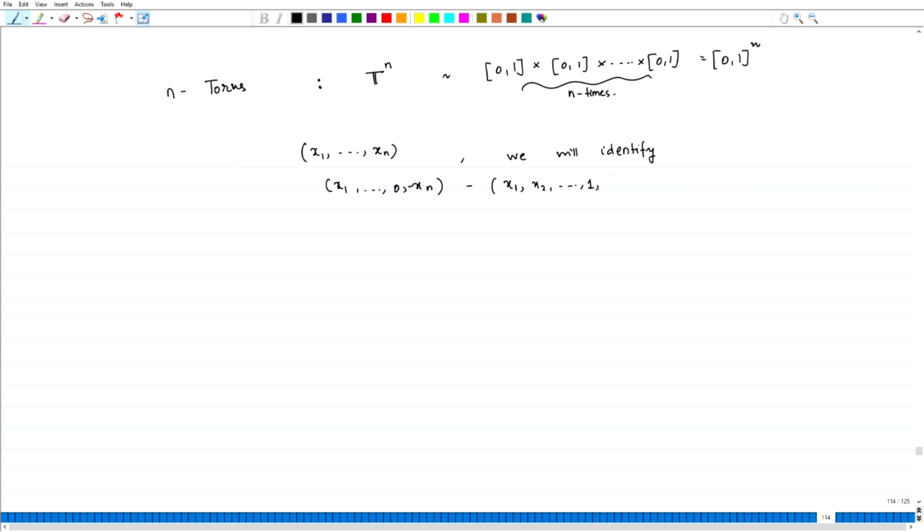In place of 0, if I put 1 here, these 2 points get identified, whenever 0 and 1 appear in the same coordinate.